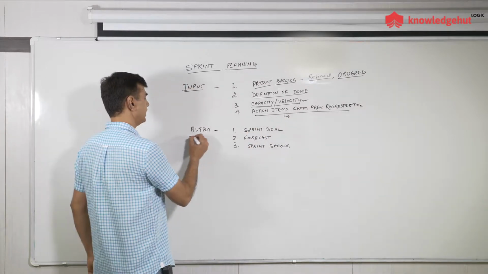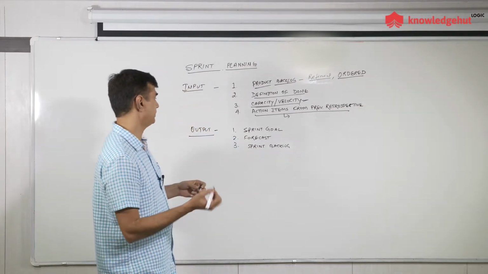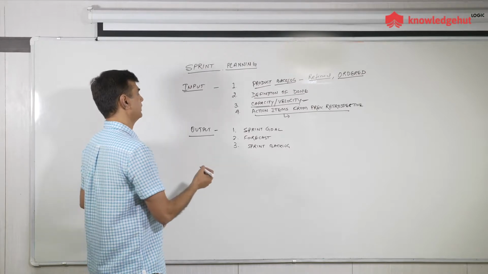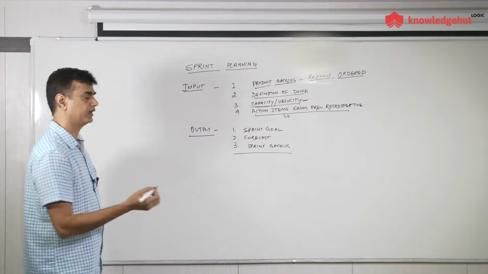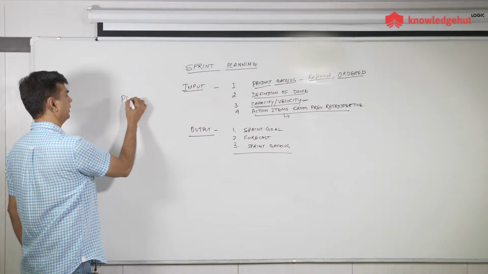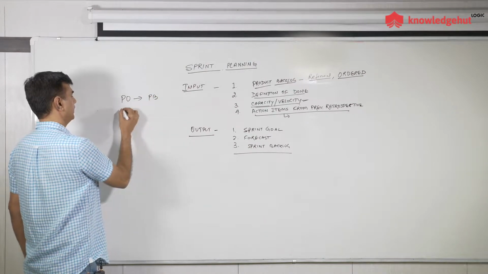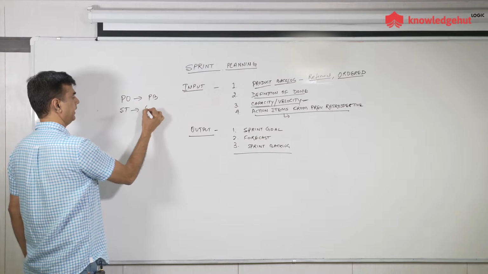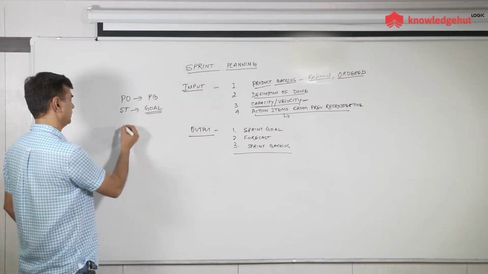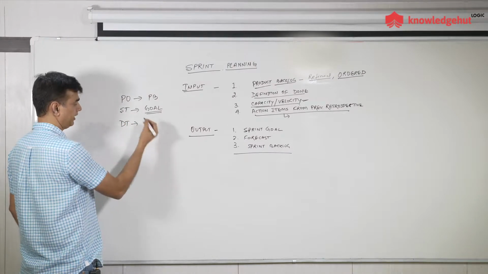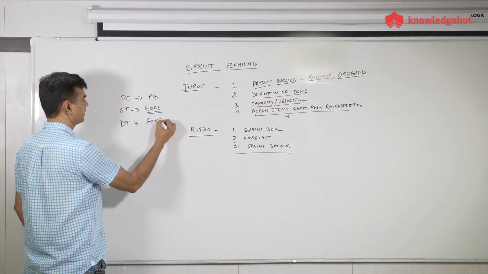Now, similarly, what are the outputs of sprint planning? In order to understand the key outputs, first we need to understand what exactly we do there. The PO comes up with a product backlog. The Scrum team agrees and decides on a sprint goal. Based on the available capacity or velocity, the development team decides how much work they can forecast.